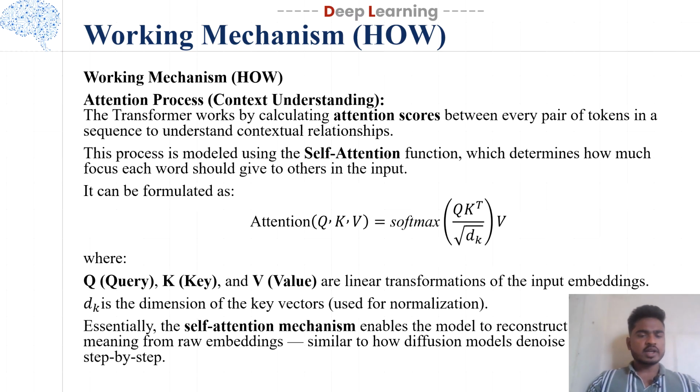It can be formulated as Attention(Q, K, V) = softmax(QK^T / sqrt(d_k)) multiplied by V, where Q is a query, K is a key, and V is a value, which are linear transformations of the input encodings. d_k is the dimension of the key vectors, used in normalization.